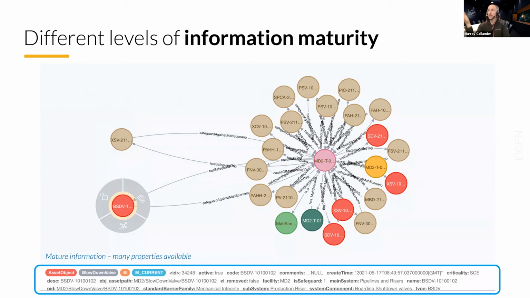So in terms of the barrier model, this model will function absolutely fine with the different levels of maturity, because all we need is the structure to aggregate status. If an impairment comes in against any of these tags, we want to assign a score and aggregate it up. But from a user perspective, they might like to know the fact that it's on this PNID, or it has this calibration certificate.